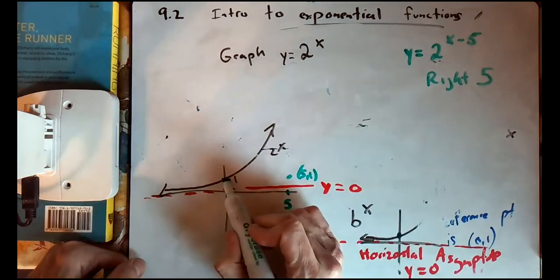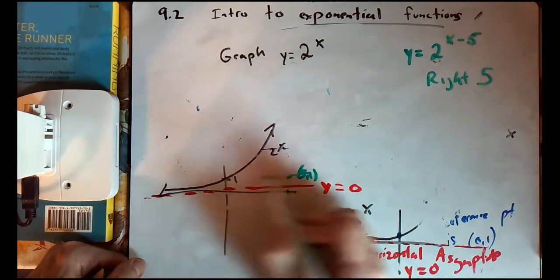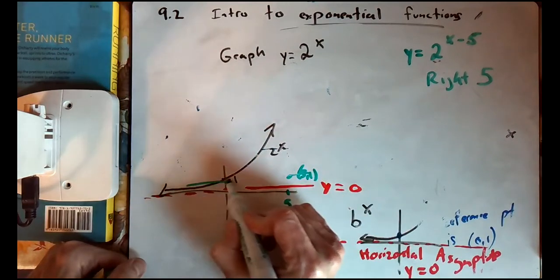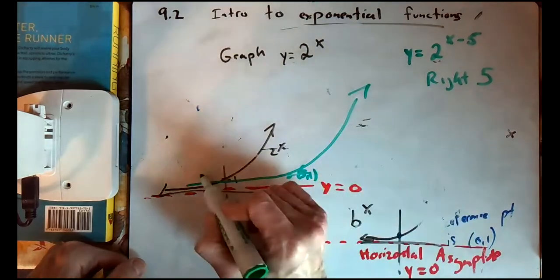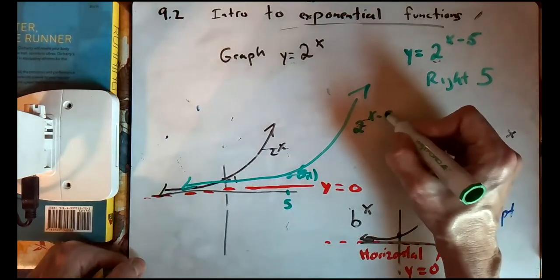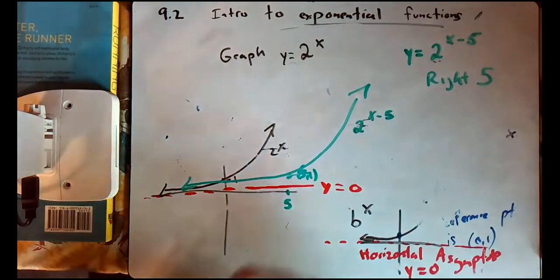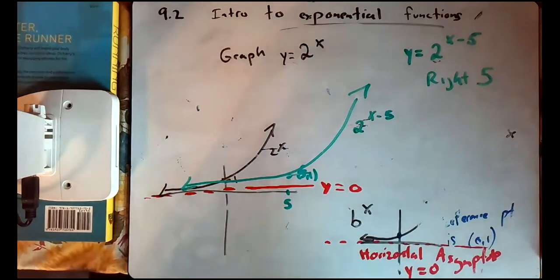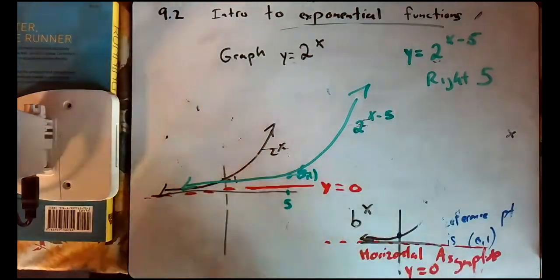Why? Because again, remember, we're only shifting the x values. The y has not changed. So it's still going to have this similar shape right here. So if there's no vertical shift, your horizontal asymptote's not going to change.